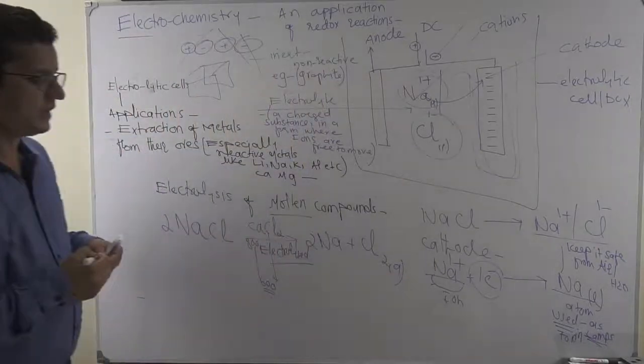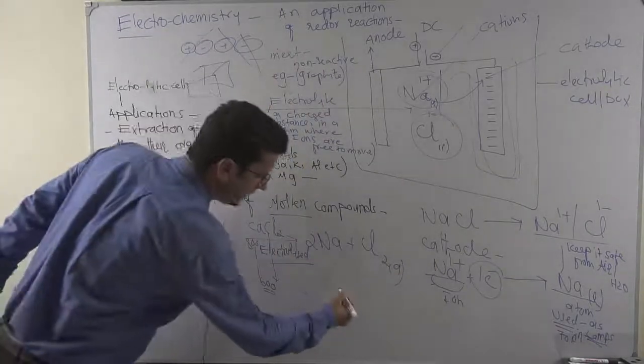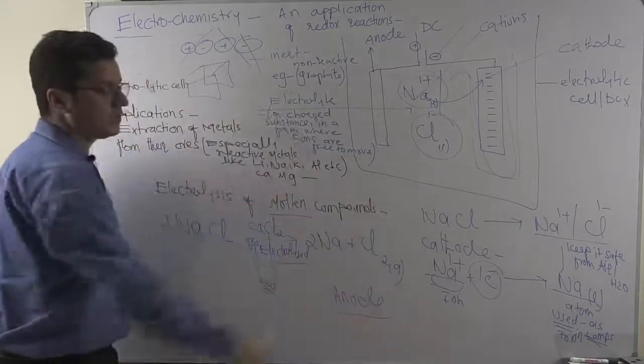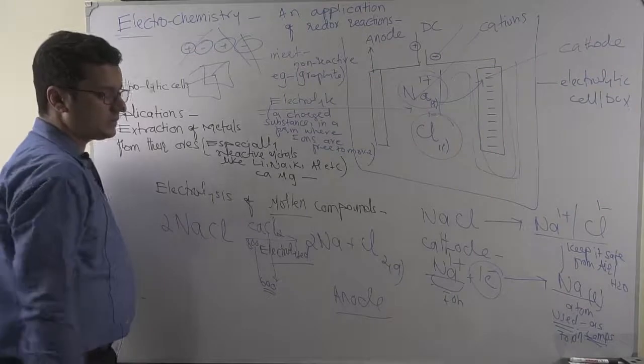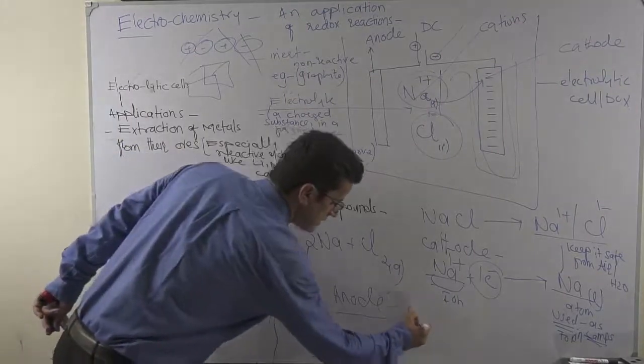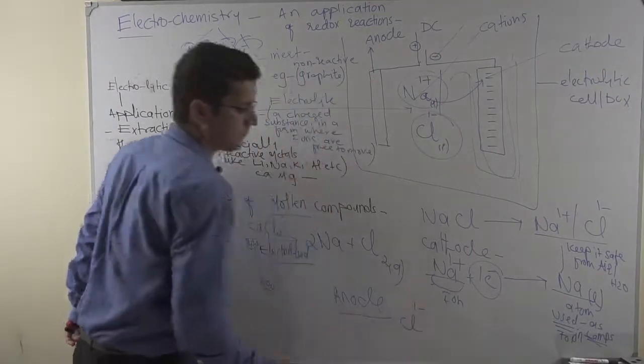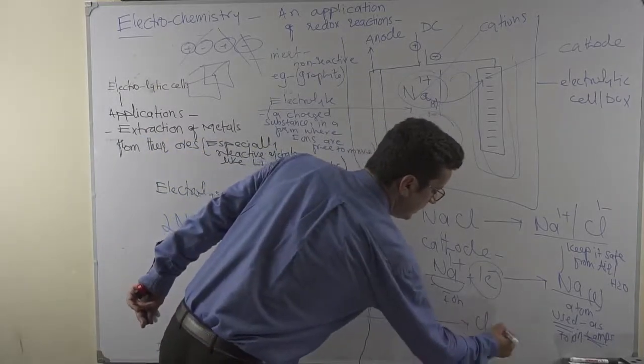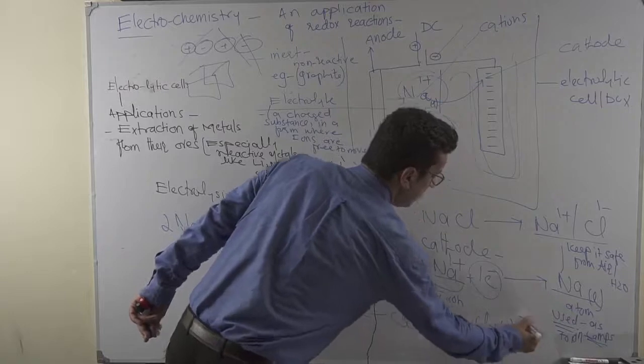Simultaneously, at the anode, chloride ions will turn to chlorine gas by giving off electrons.